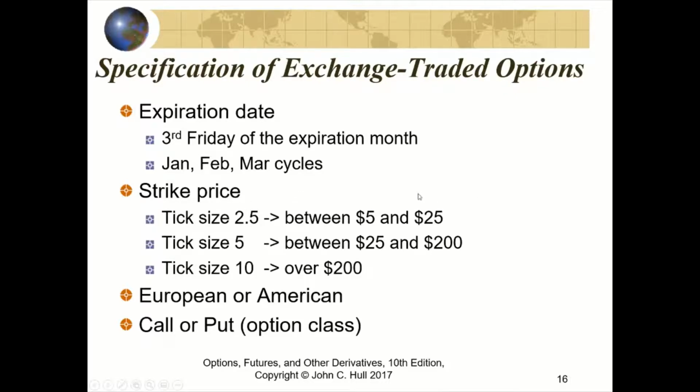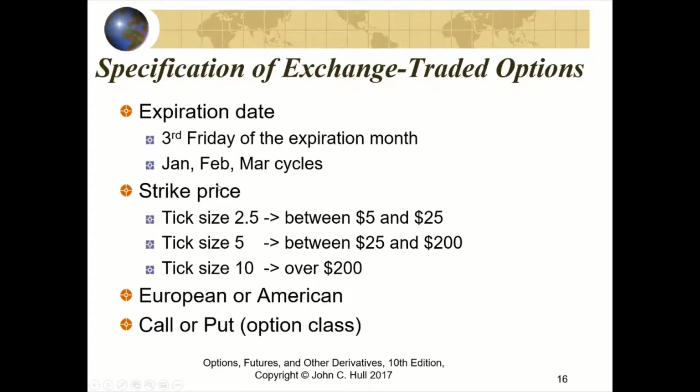The difference between each contract and another depends on a tick size, and the tick size depends on the range of the strike prices. If the strike prices are between 5 and 25, then between each contract and another there will be a 2.5 difference in the strike price.